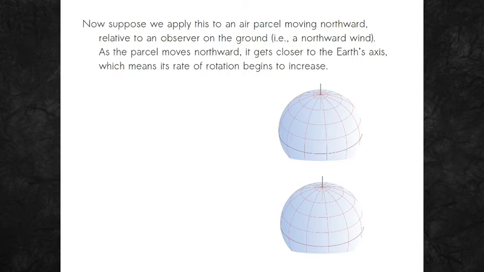And because it's moving towards the axis of rotation, we expect it to start spinning faster, which relative to an observer on the ground would look like the object is starting to move off towards the east because it's spinning faster than the Earth.